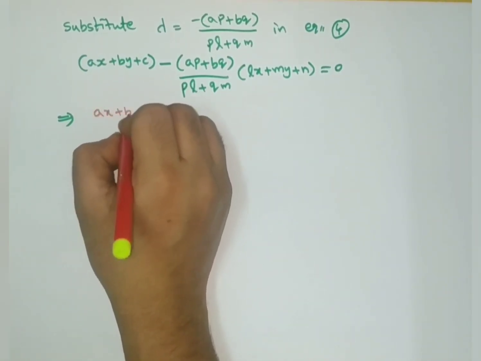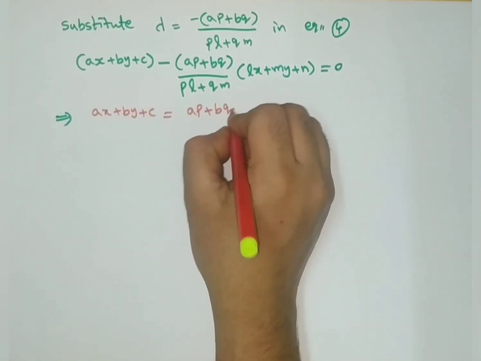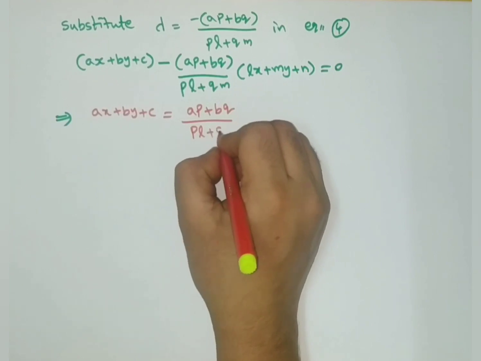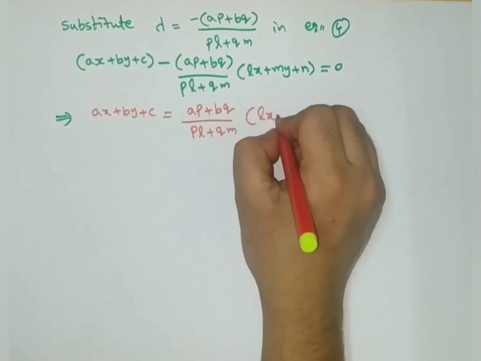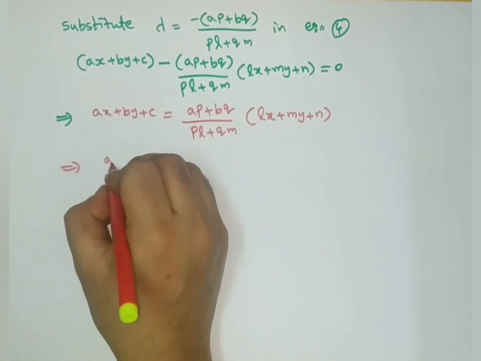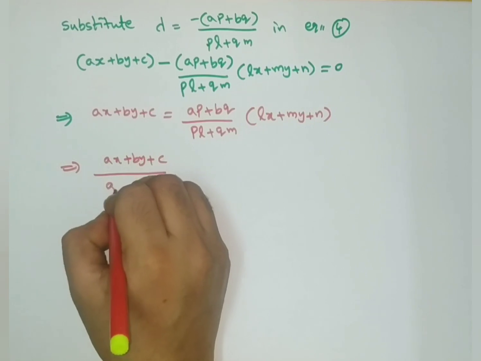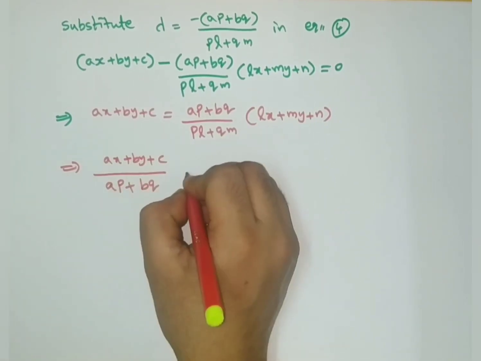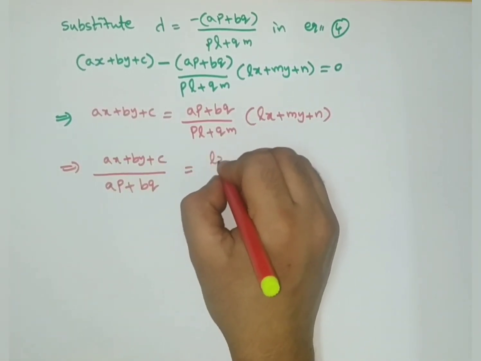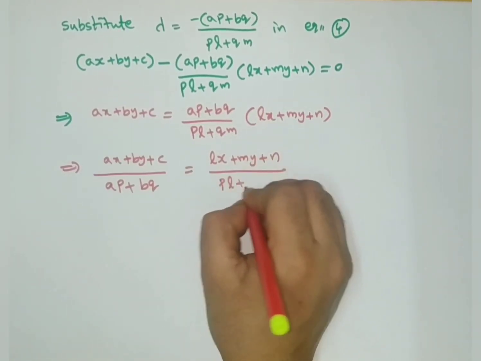(ax + by + c)/(ap + bq) = (lx + my + n)/(pl + qm).